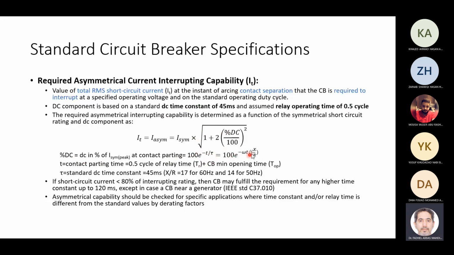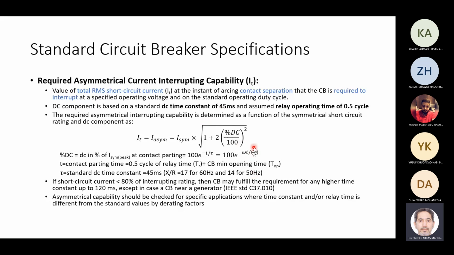So it decays, and tau is the X over R ratio of the circuit. And it depends on this. As a standard they specify the X to R ratio, L over R. L over R is 40 milliseconds, and if you take the corresponding value for 60 Hz, this is 17. X to R is 17.